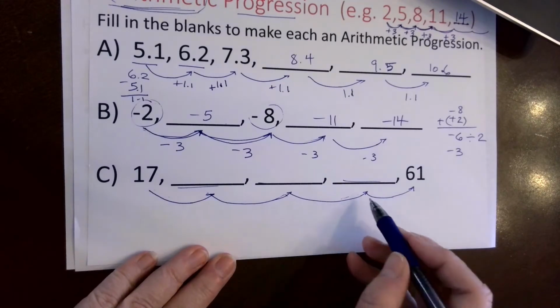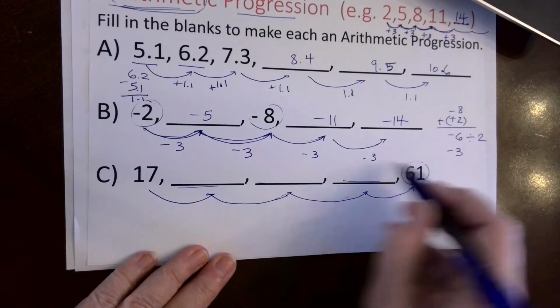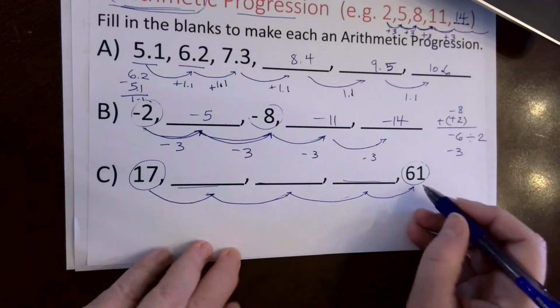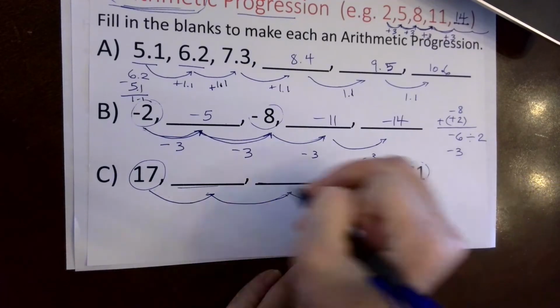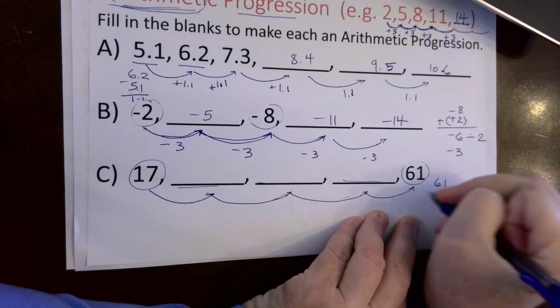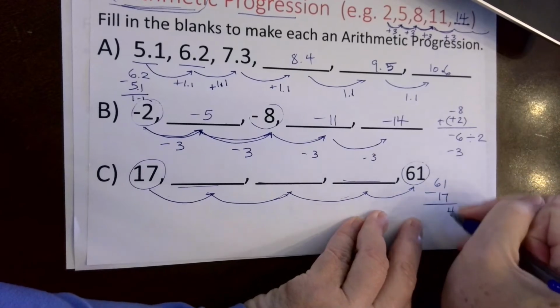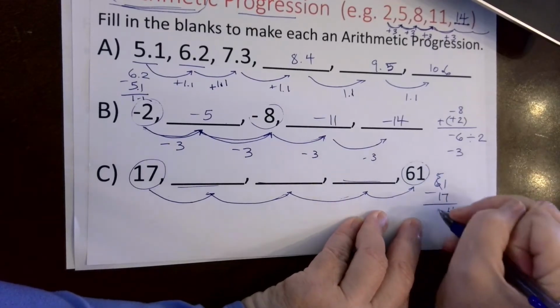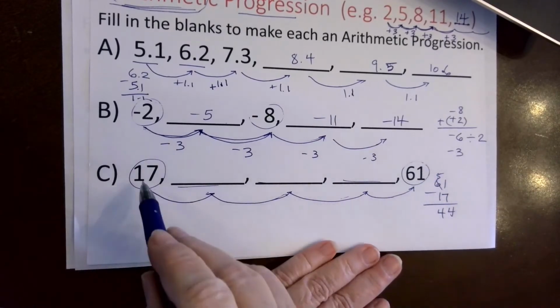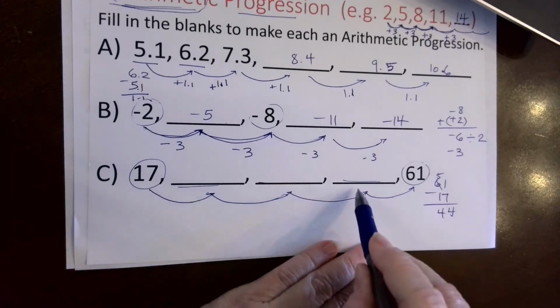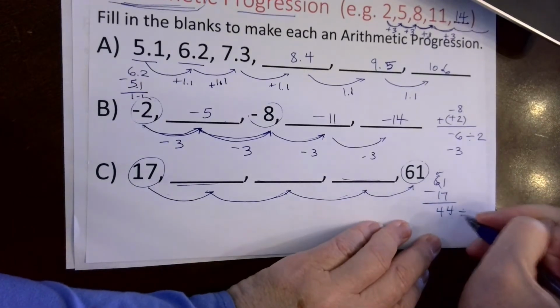So we have 4 jumps, and we're going to subtract 61 minus 17, the numbers on either side of those blank jumps. 61 minus 17. That's 44, and because we had 4 jumps, we're going to divide by 4.